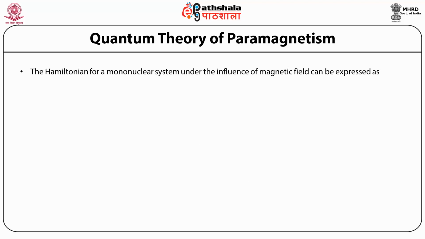The Hamiltonian for a mononuclear system under the influence of a magnetic field can be expressed as H dash equal to i e h cross over 2mc times (del dot A plus A dot del) plus e square over 2mc square A square.